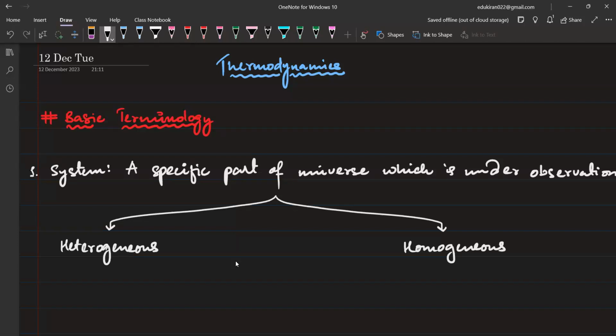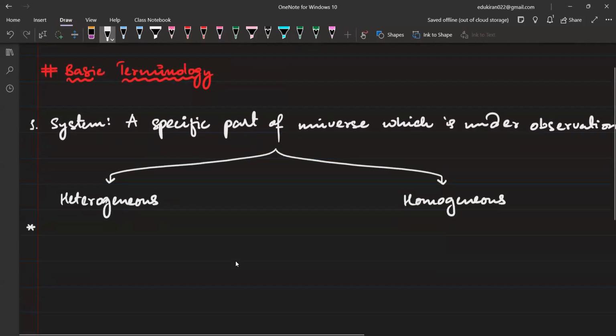Now, the main part about heterogeneous system is that obviously a system will be made of more than one component, and if the components have more than one state, like एक कोई liquid में, कोई solid में, कोई gas में है, if that type of system is present, जहाँ पे component अलग-अलग state में है ना, they are in different states, then we call it a heterogeneous system.